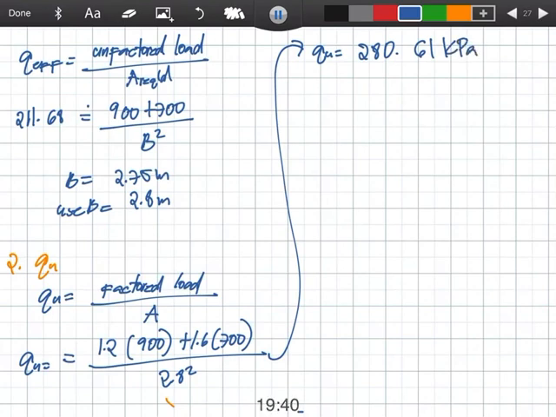Ngayon, gagawin natin, third step is check on one-way shear. You have to read chapter 9 para maintindihan nyo itong one-way shear na to. So I'm going to explain, class, that sa ating footing, we have one-way shear and two-way shear.